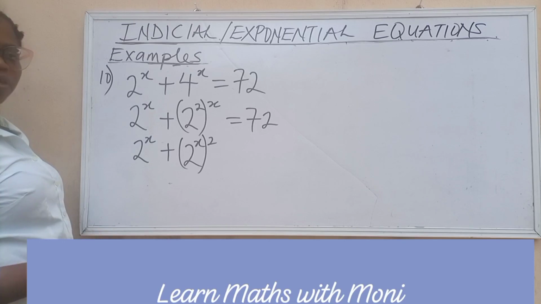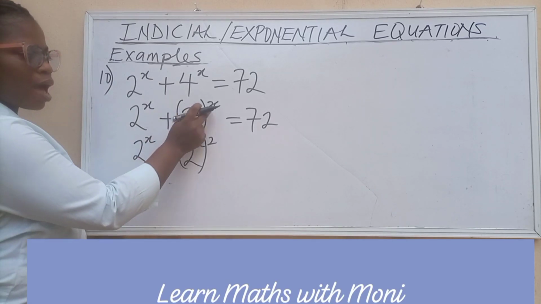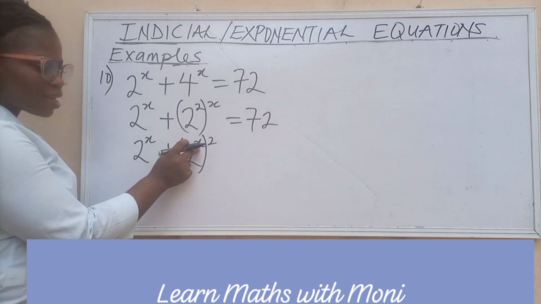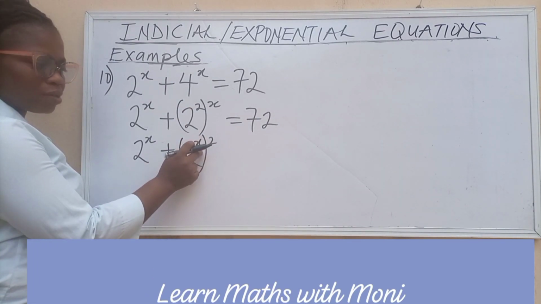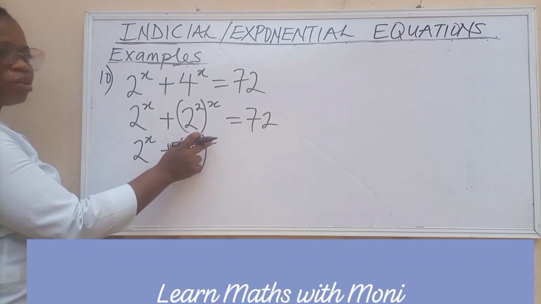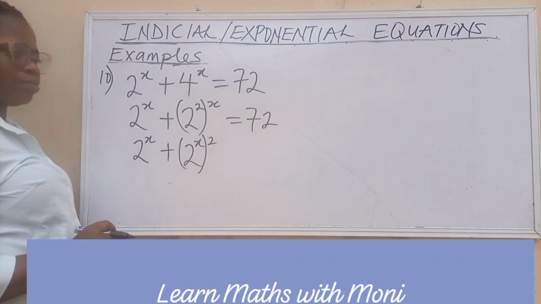I hope you know that this can be written as 2 times x, which is 2x, and this can also be written as 2 times x, which is still 2x. So bringing the x before the 2 does not change anything.